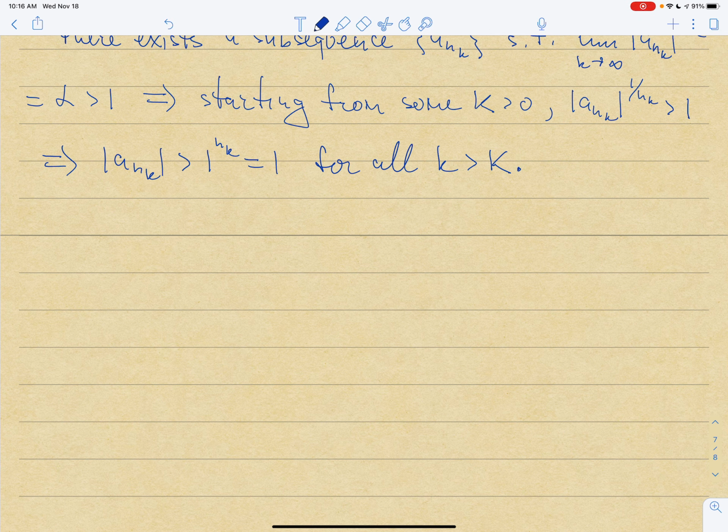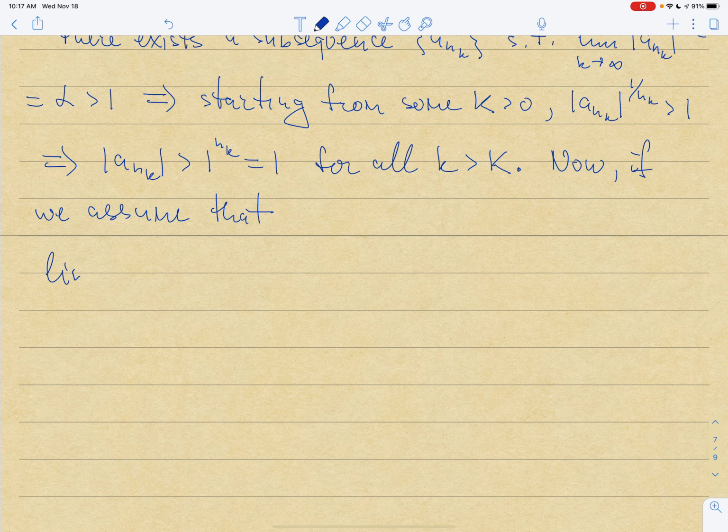Well, if we assume for a moment that the limit, I wish I could write the word limit, the limit as n goes to infinity of absolute value of a_n is equal to 0, right? Then we know that if the limit of a sequence is something, then the limit of any subsequence is equal to that number.